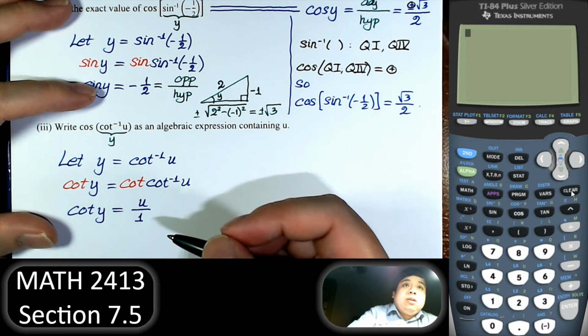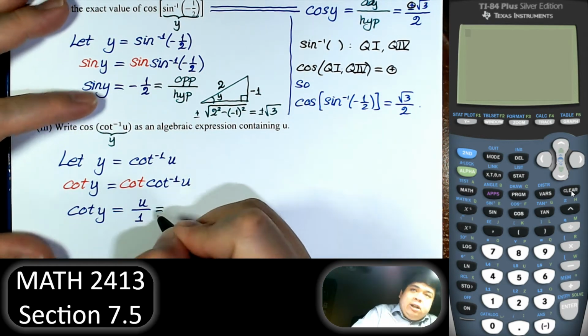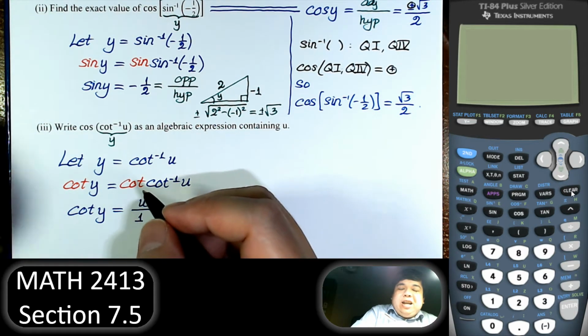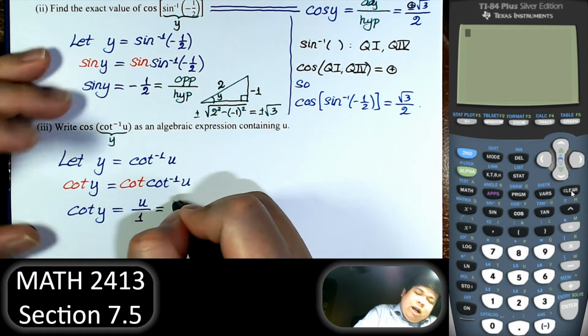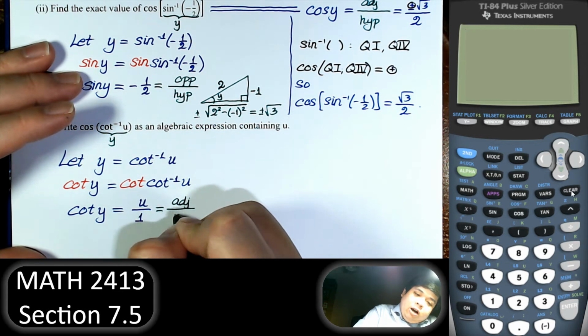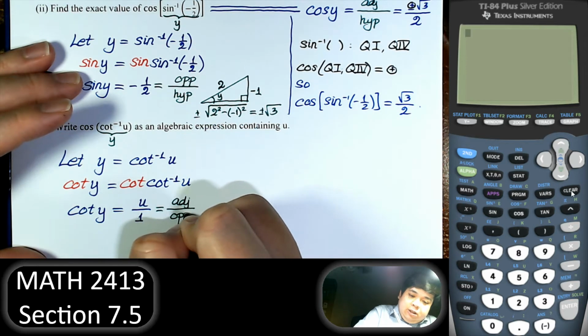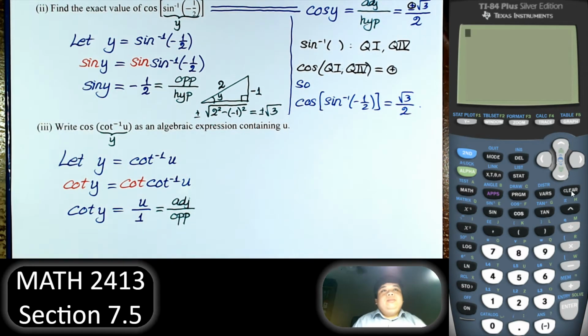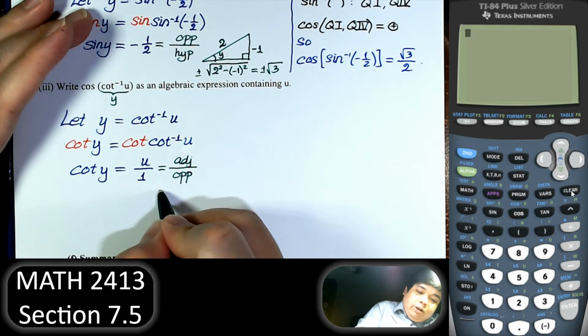Now, cotangent is the reciprocal of tangent. Tangent is opposite over adjacent, so this is adjacent over opposite. So we draw a triangle.